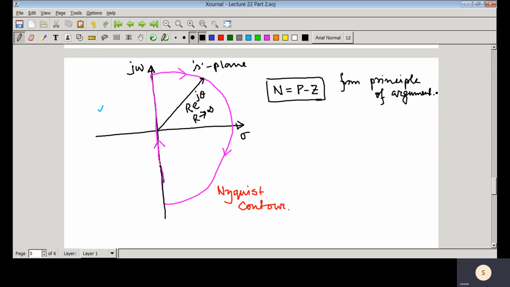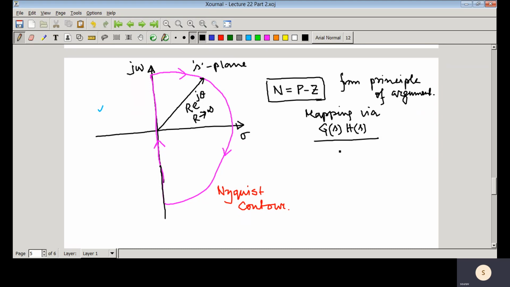Now we are trying to understand that if we map via g of s h of s, that is important.